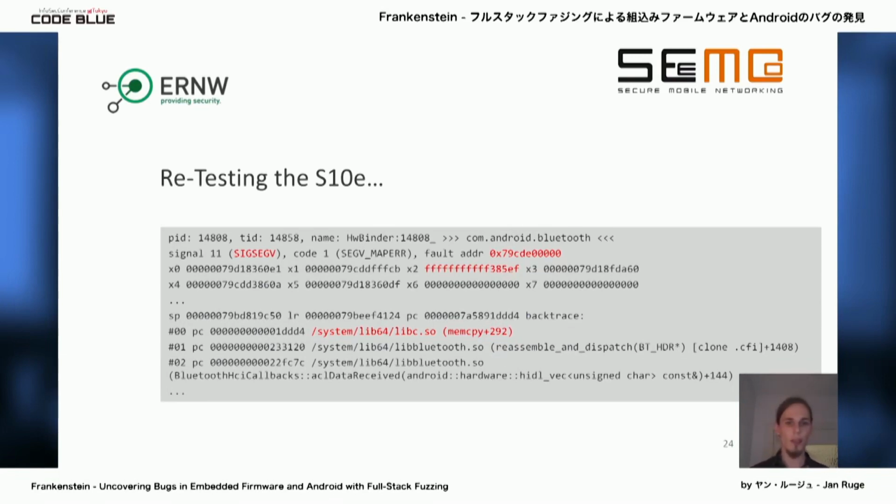And then you get the newest flagship from Samsung, and you just crash your Bluetooth daemon with random messages. If you have a closer look here, we finally also have symbol names available, which is pretty cool. And we are landing inside the memcpy that is called by this reassemble and dispatch function.